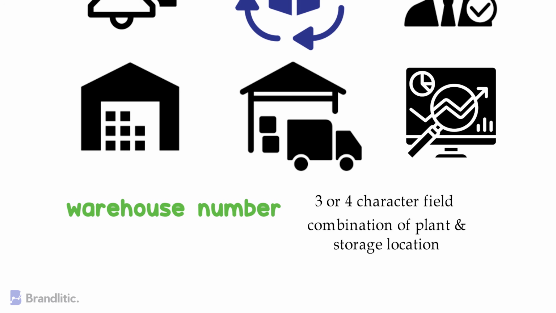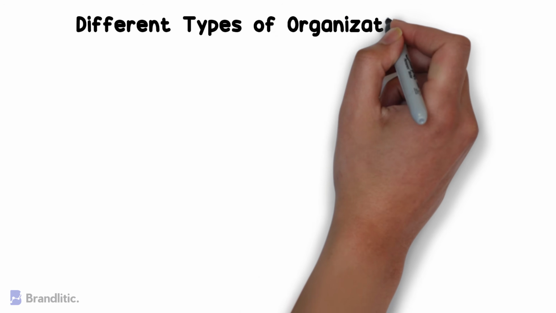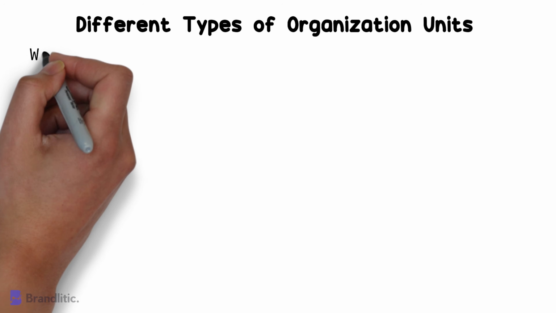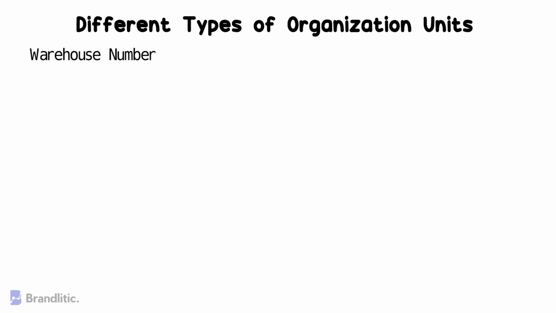And while we are at this, let's discuss different types of storage units in a warehouse system that are available at different levels. Starting with warehouse number. Now, just like we just discussed, each warehouse consists of warehouse numbers, which is at the highest level in a warehouse management system. Each warehouse number consists of substructure that maps the warehouse relationship.